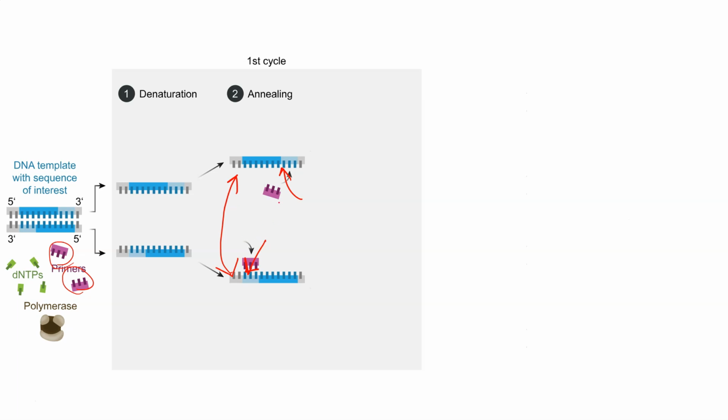And as soon as the primers get on there, it should keep these two pieces of nucleic acid from coming back together again. So you open up the double strand, you quickly put some primers on, and then that should keep everything open. The annealing is done by dropping the temperature down. So first the temperature of the whole mixture is brought up to 95, and then it's brought down to, I think, like 60. The actual number is not important, but I think it's something like that.